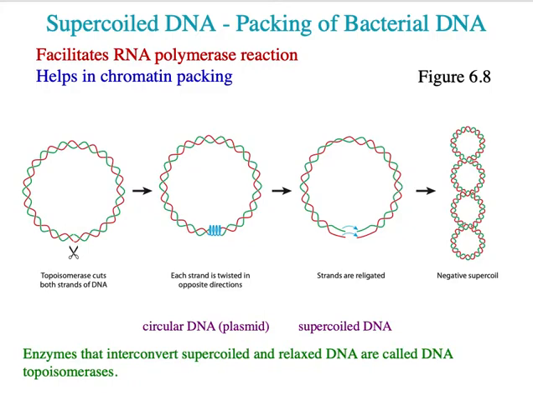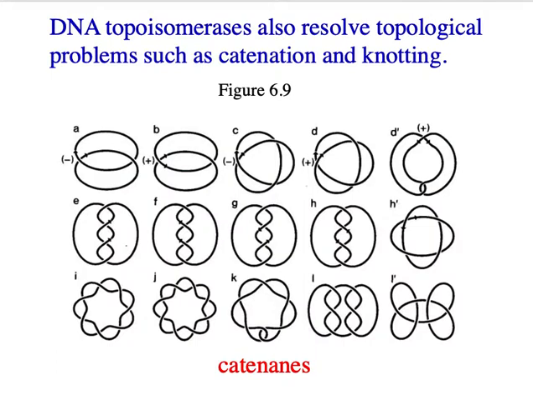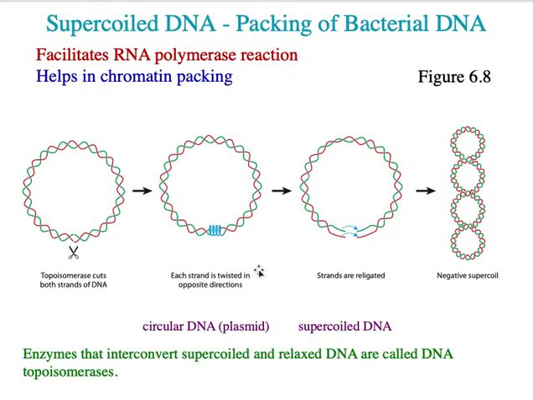This also happens in eukaryotic, like human cells. Enzymes in your body called topoisomerases are going to be doing this cutting and twisting in order to help the DNA get packed up, so that it's not like a stretched out phone cord. It's like a phone cord that's all wrapped up on itself, not quite knotted, or it can be knotted.